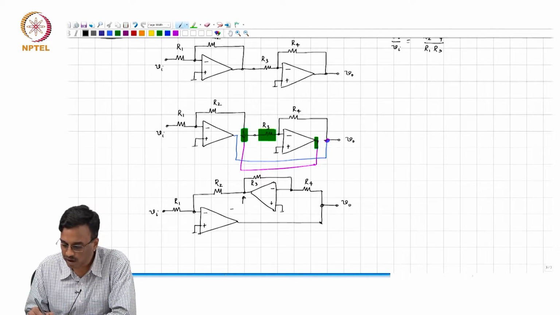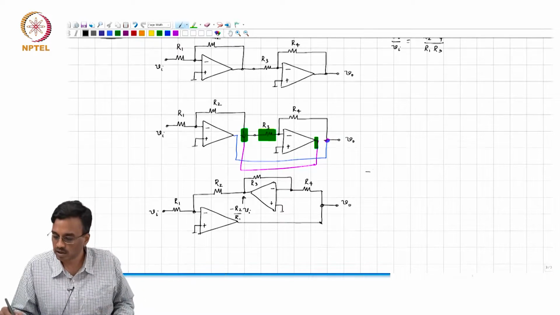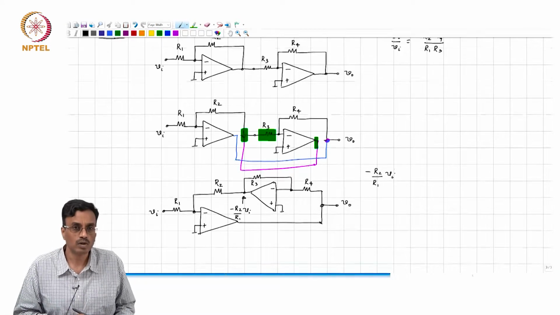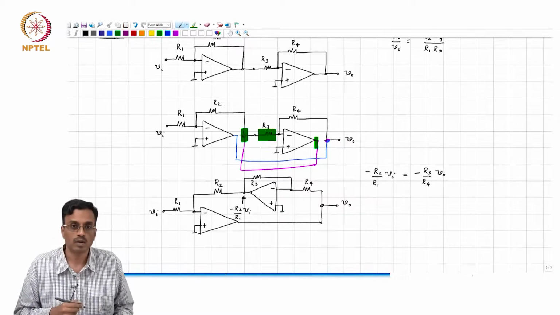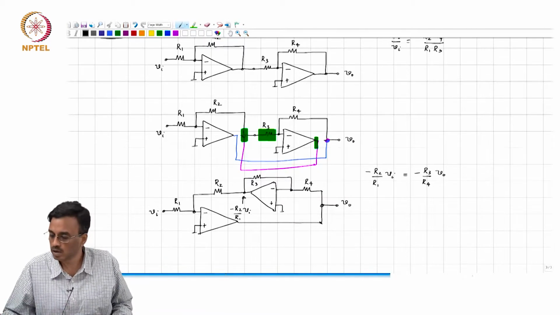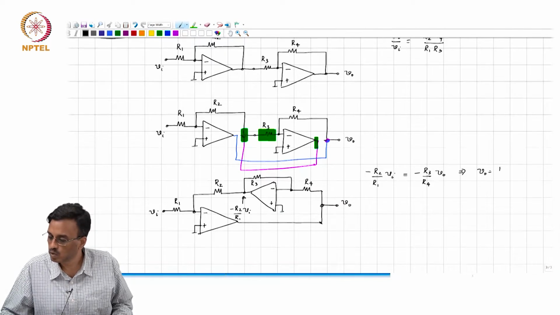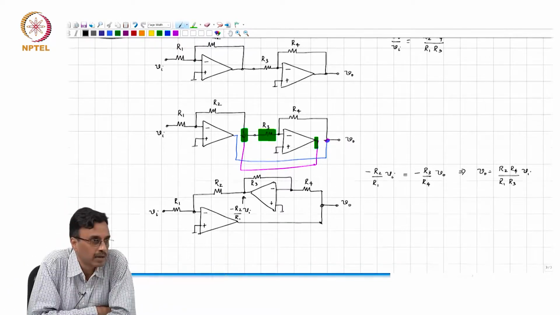Minus R2 by R1 times Vi, and that must be equal to minus R3 by R4 times Vo, and therefore Vo must be R2 R4 by R1 R3 times Vi. Does that make sense, people?